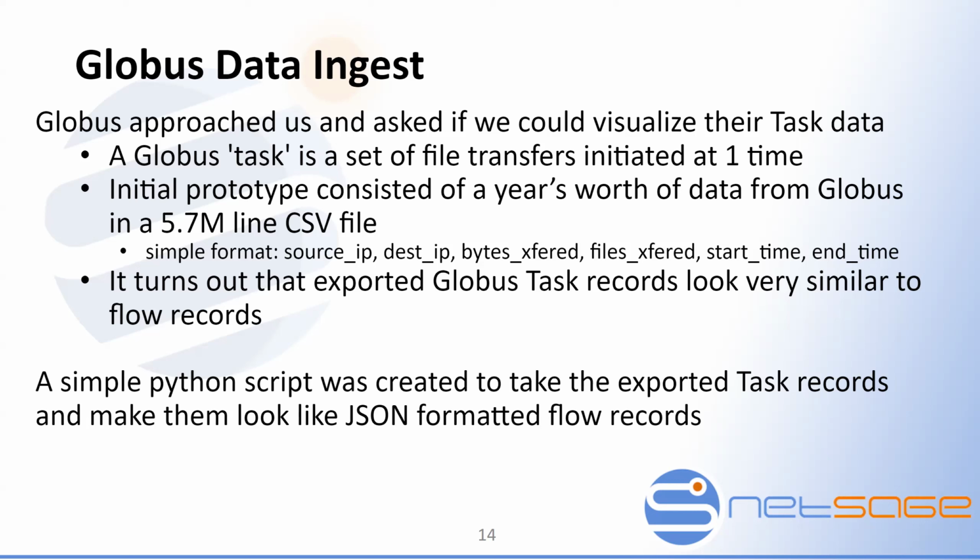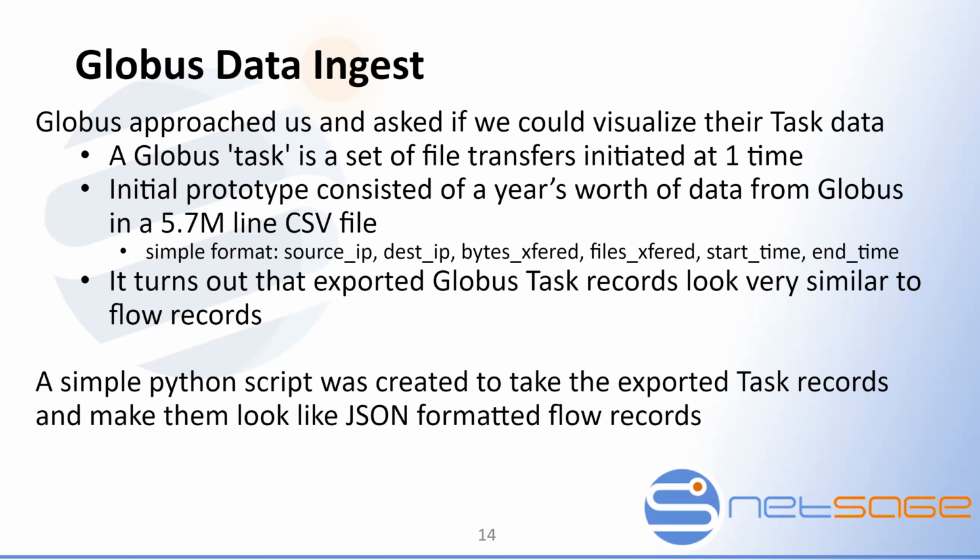So Brian came up with the idea of knocking out a Python script that would take this CSV file, reassign the fields a little bit, and make them look like a flow file that's already in JSON format, because JSON is extremely friendly for feeding into a Logstash pipeline. That's what happened.